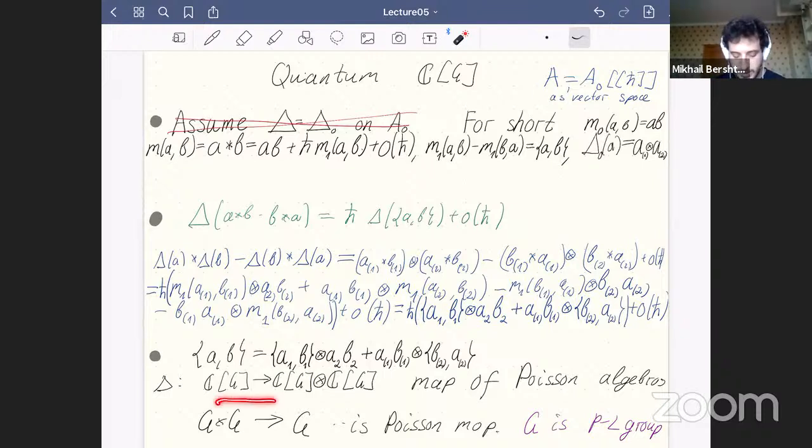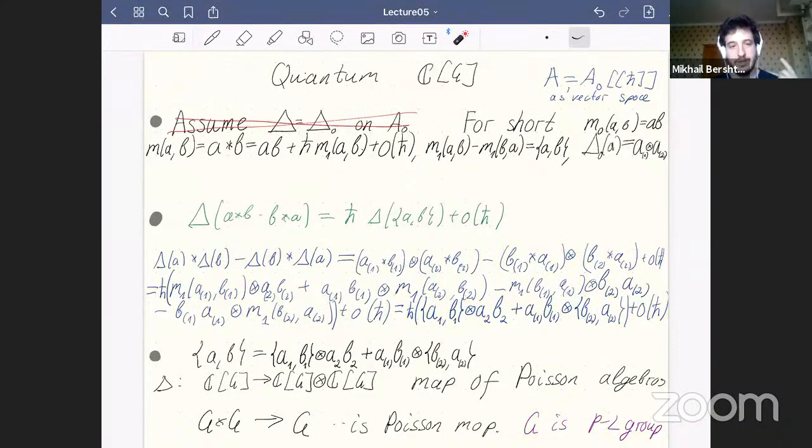So this formula should actually coincide with the formula in the definition of the Poisson-Lie group. So as a result, we proved that if we want to have quantization of C of G, then G should have a Poisson structure such that the structure gives us a Poisson-Lie group structure on G. So G should be a Poisson-Lie group.